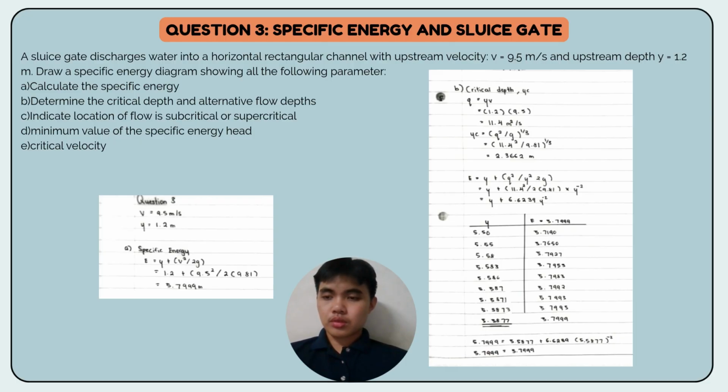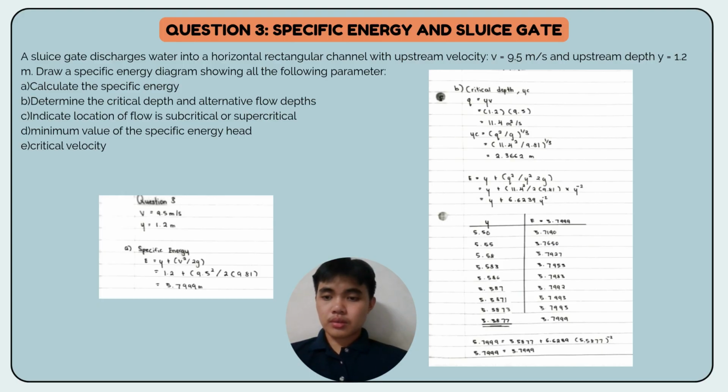So we get y equal to 5.5877 and E is 5.7999. So 5.7999 equals 5.5877 plus 6.6239 times 5.5877 to the power of negative 2.